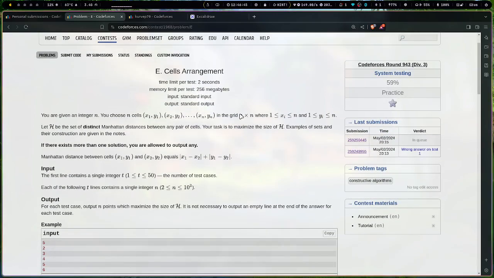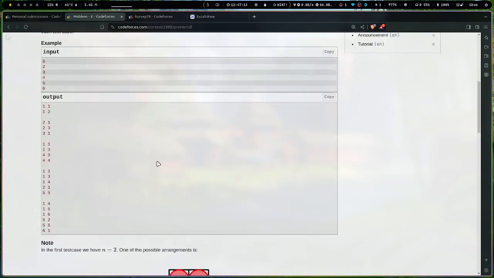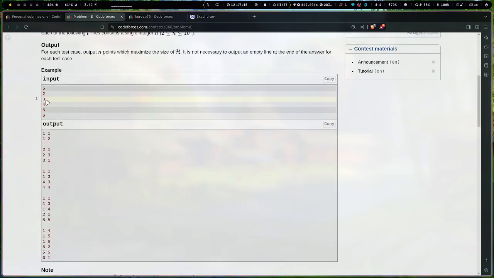It is one-base indexing. So here we say H is the set of distinct Manhattan distances, so we need to choose points with distinct Manhattan distances. The Manhattan distance is |x1 minus x2| plus |y1 minus y2|. So see, we have a 3 cross 3 grid, and we take these 3 points. What is the Manhattan distance?